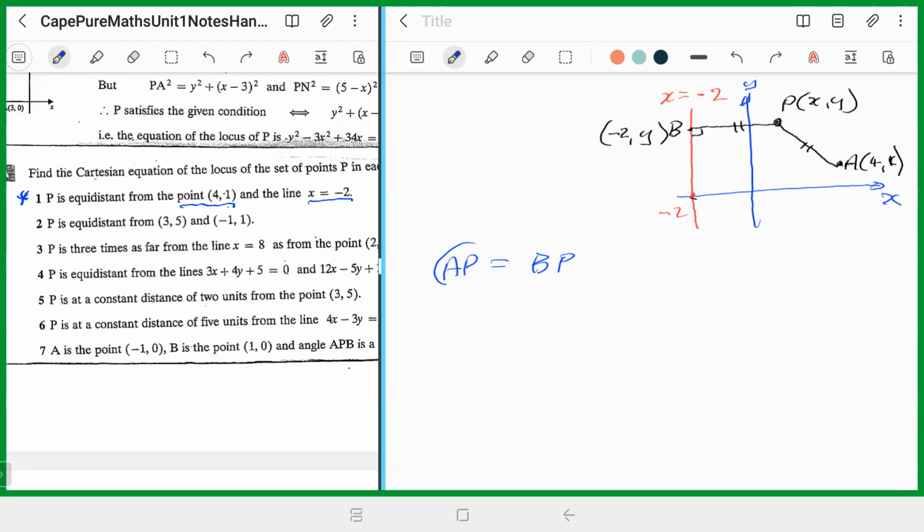What's the expression for AP? AP is the length of this line.